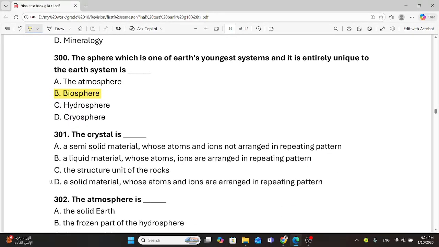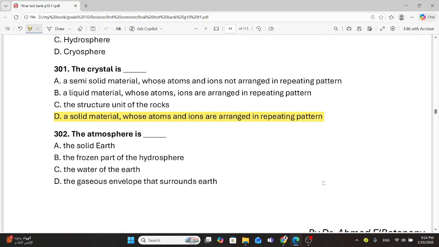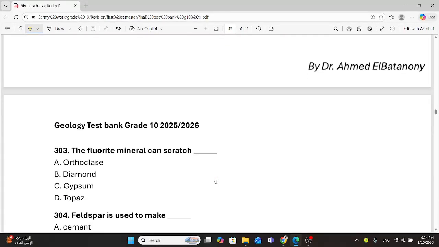No, we said a solid material whose atoms and ions are arranged in a repeating pattern. The atmosphere is the salt earth, frozen part, or water of earth? No, we said it is the gas envelope that surrounds the earth.